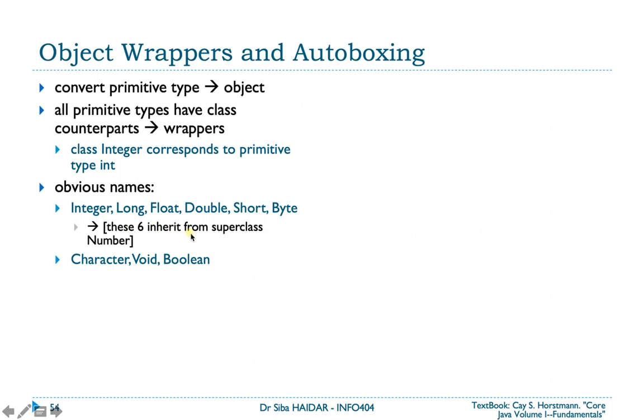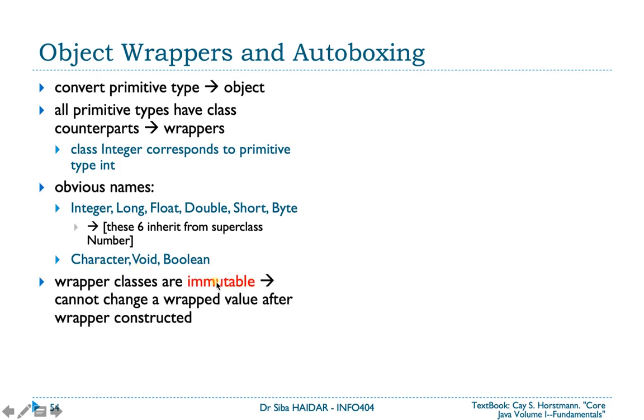These six inherit from the superclass number, so they have a common superclass called number. And on the other side, for the other primitive types, we have the classes character, the class void, and the class boolean. So the wrapper classes are immutable. You cannot change a wrapped value after wrapper is constructed.